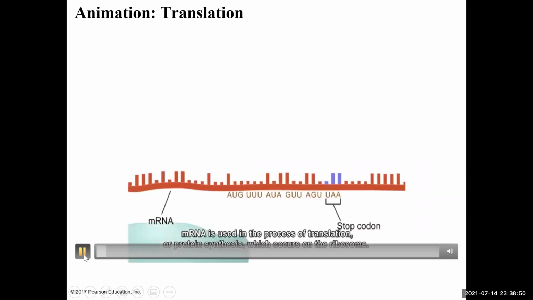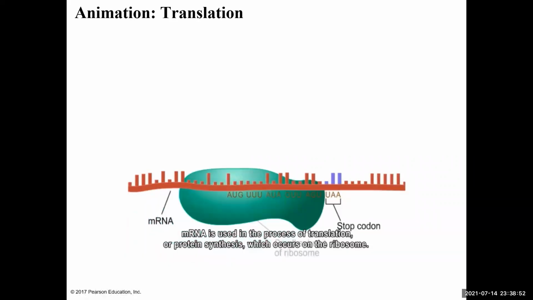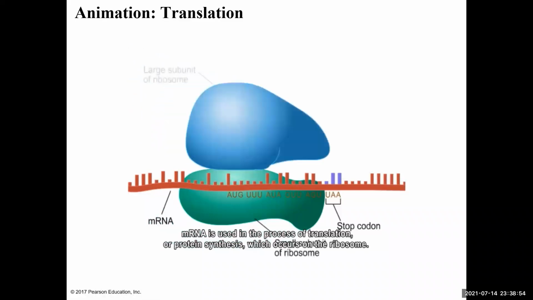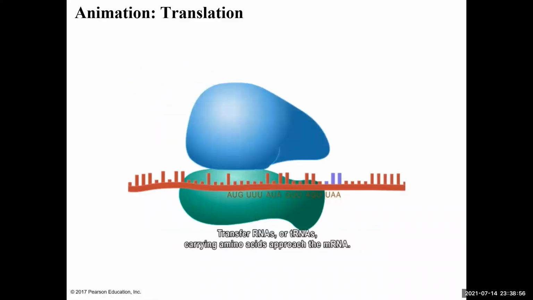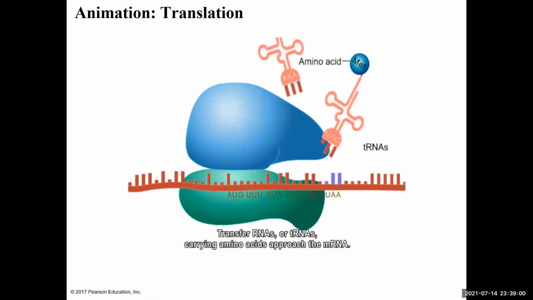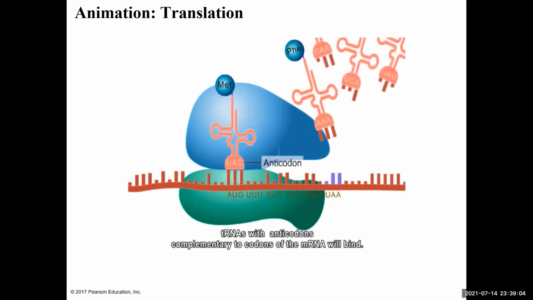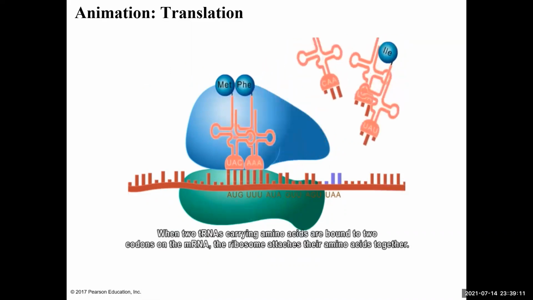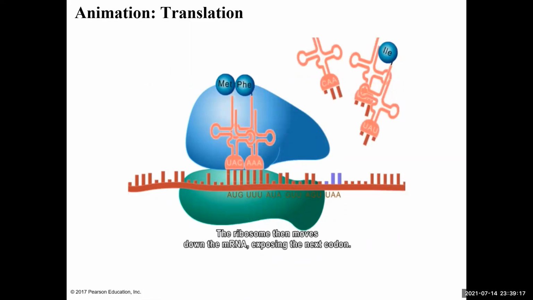mRNA is used in the process of translation or protein synthesis, which occurs on the ribosome. Transfer RNAs or tRNAs carrying amino acids approach the mRNA. tRNAs with anticodons complementary to codons of the mRNA will bind. When two tRNAs carrying amino acids are bound to two codons on the mRNA, the ribosome attaches their amino acids together.